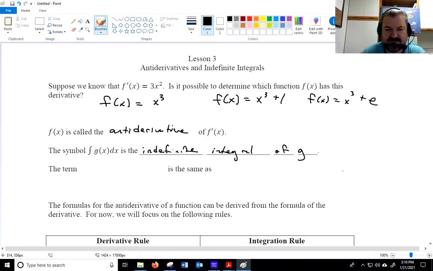So if you see this symbol followed by g of x, that little s symbol, then you mean indefinite integral. The term antiderivative, that is to take a derivative backwards, is the same as indefinite integral.